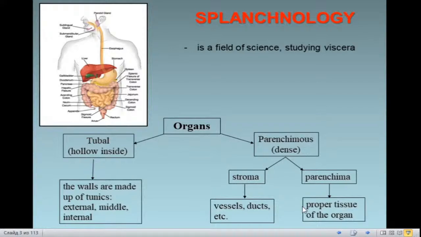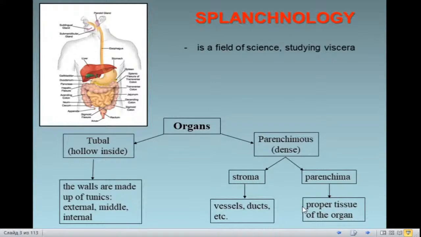So all the organs are divided into tubal and parenchymatous ones. Tubal are all organs that are hollow inside, and parenchymatous are dense or fleshy. Tubal organs have similar structure: their walls are made up of tunics, external, middle and internal.